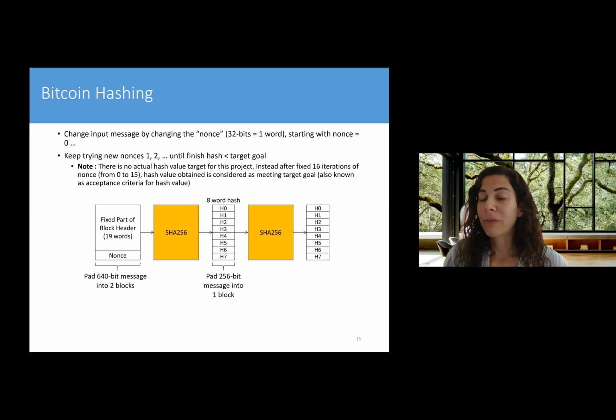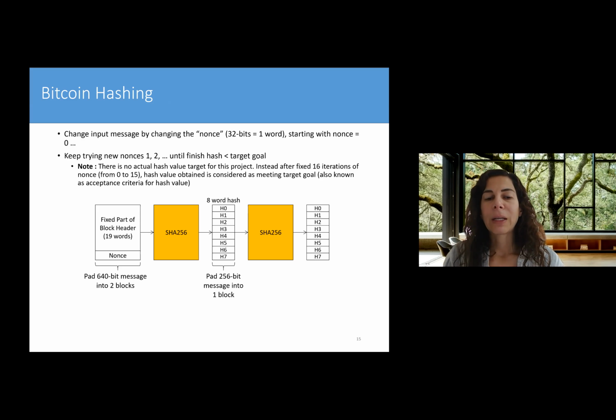We have basically 512 minus 128 bits of don't care. And that's actually what happens in reality in Bitcoin: they pad these messages, and the instruction for the padding is given in the project.